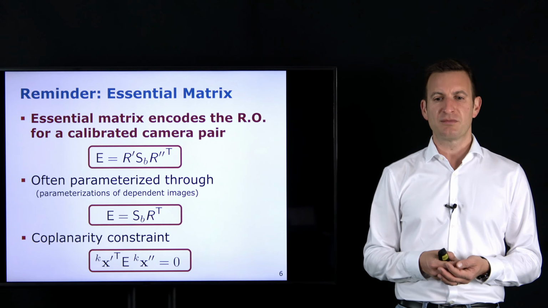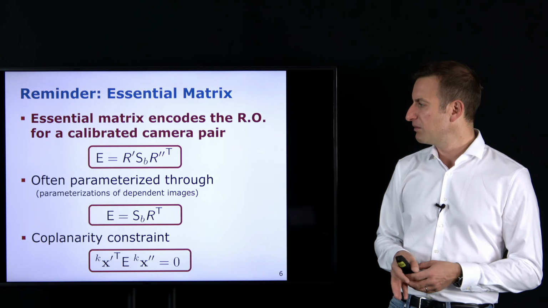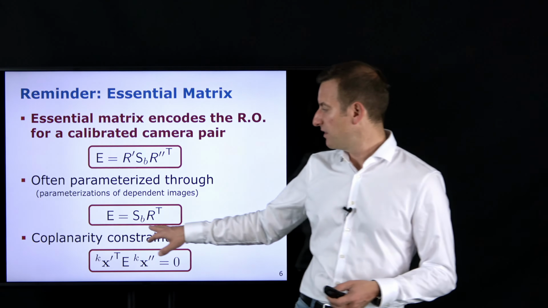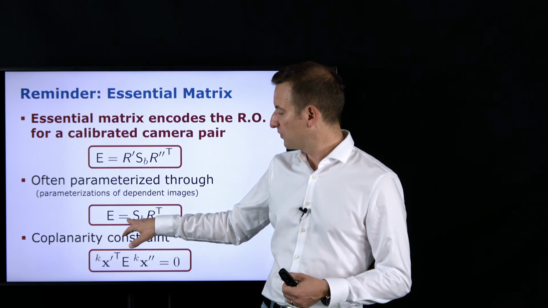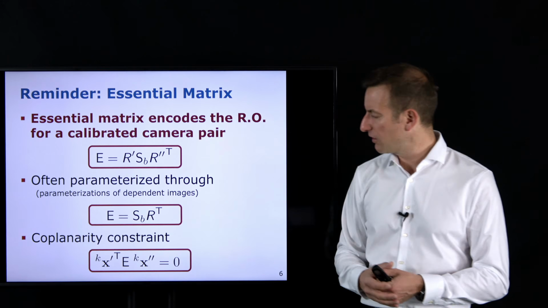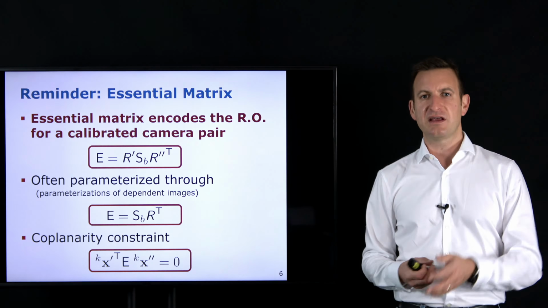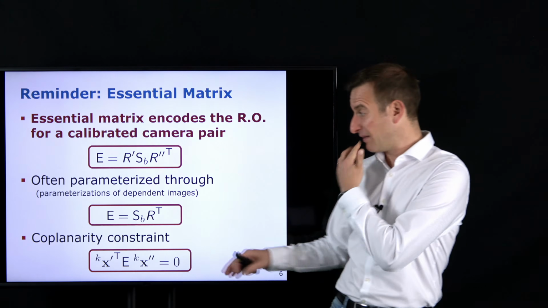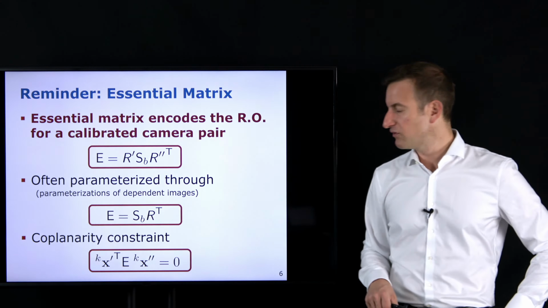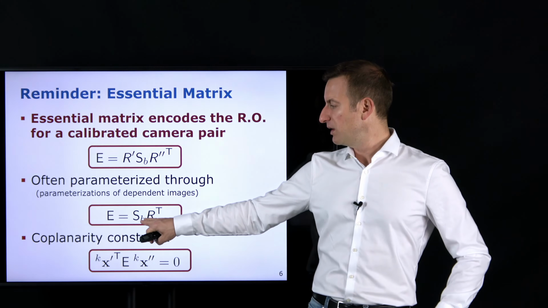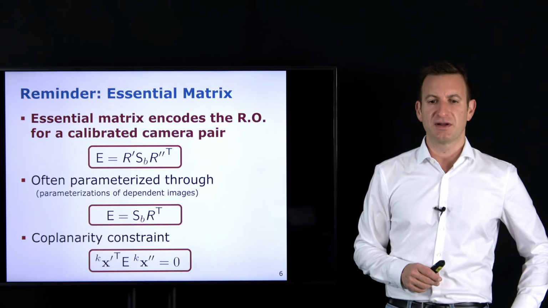And depending on the parameterization we are now using, this can be brought into a different form. So if we use the parameterization of dependent images, where camera 2 is expressed with respect to camera 1, then camera 1 has the identity matrix as the rotation matrix, and then only one rotation matrix remains. But if we have another parameterization, then we come up with a different form of the essential matrix.